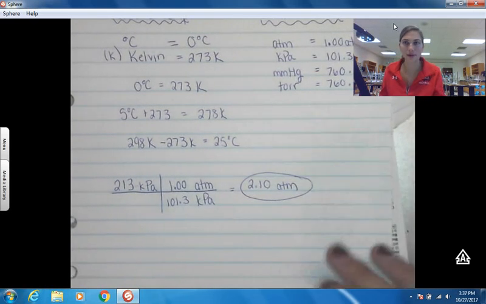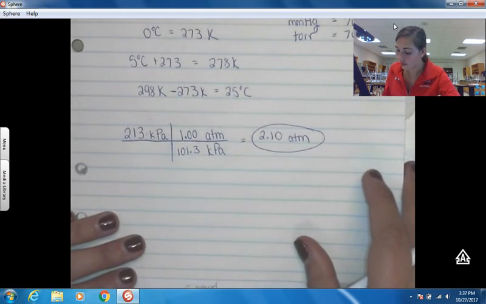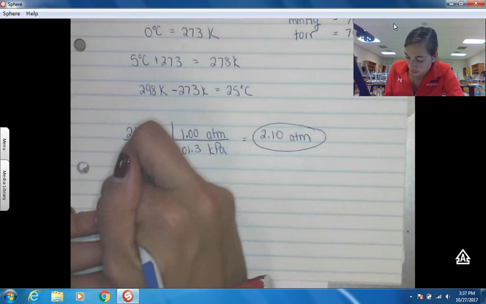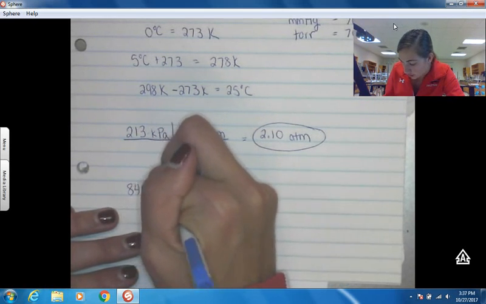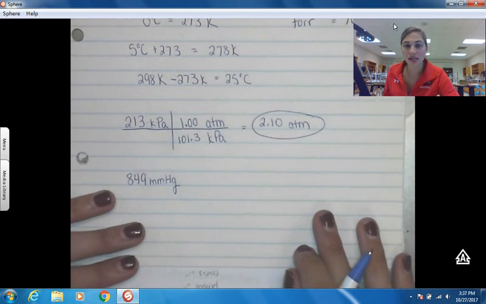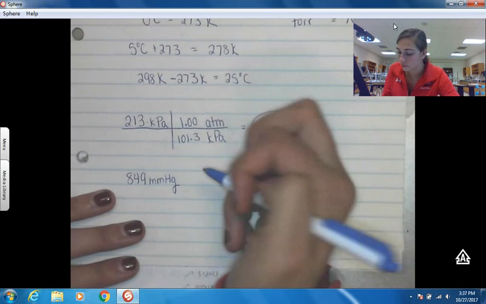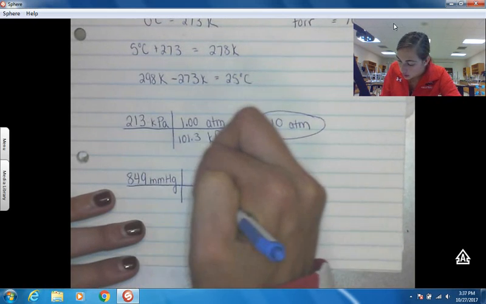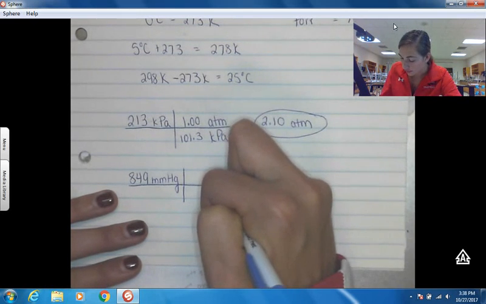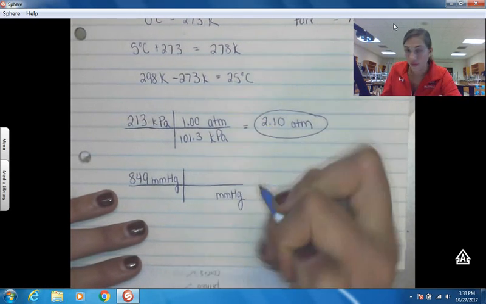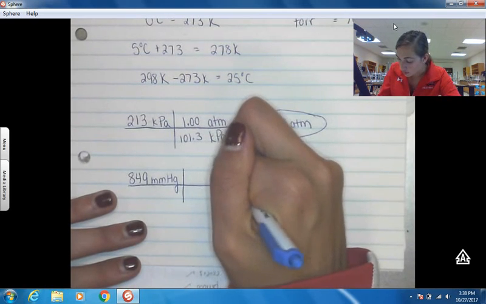Let's try another one. Let's say I am giving you 849 millimeters of mercury, and the question is asking for units of kilopascals. So I know that I need to get out of units of millimeters of mercury, and that's what I'm going to put on the bottom. And the question is asking me for kilopascals, so that's what I'm putting on top.